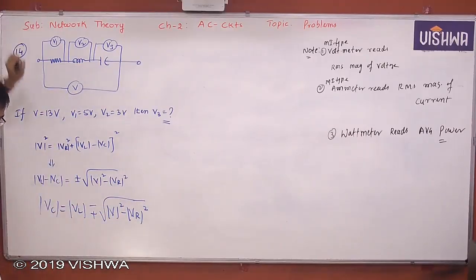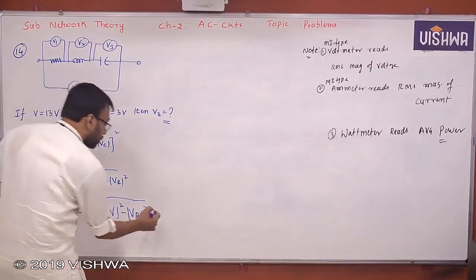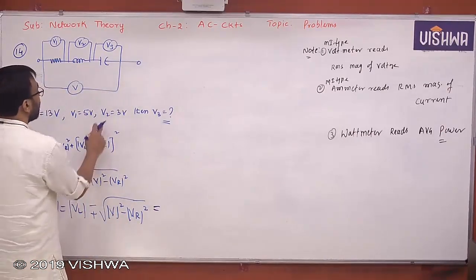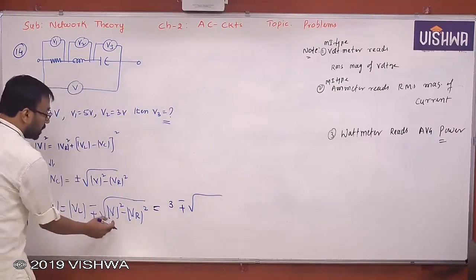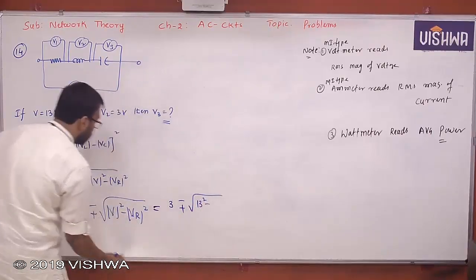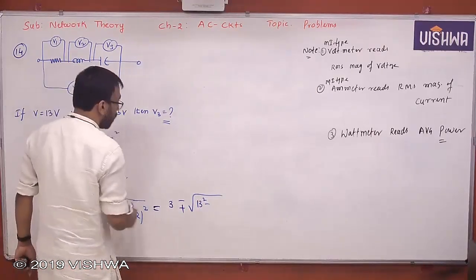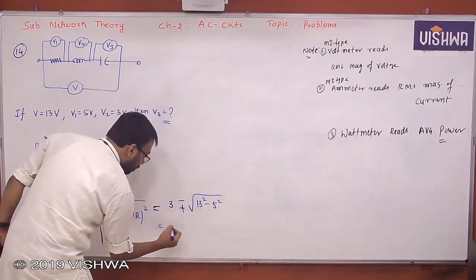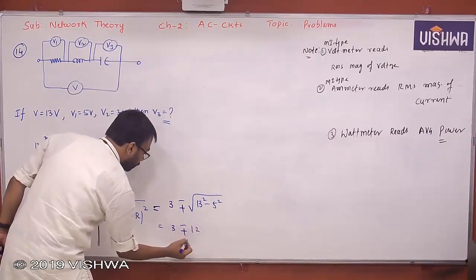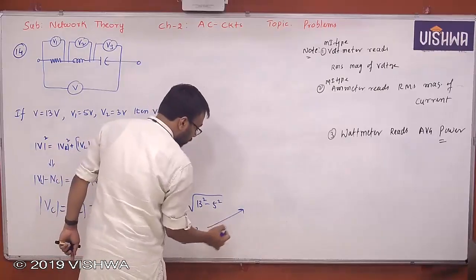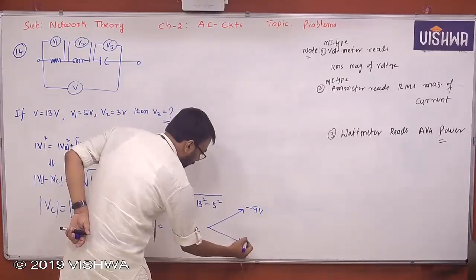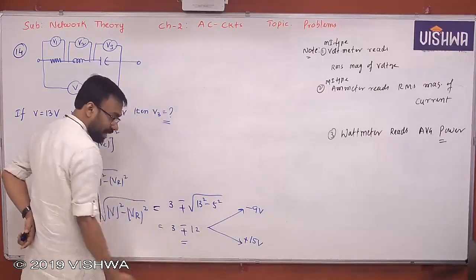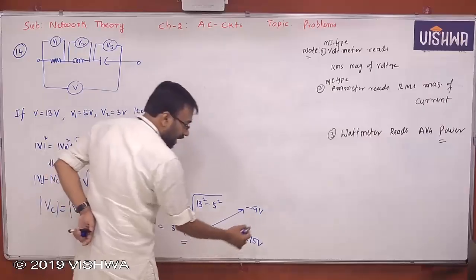Getting all of you? Now what is VL here? 3. So 3 plus or minus the square root of 13 square minus 5 square, where VR is 5. So you get 3 plus or minus 12. It has two values: minus 9 volts and plus 15 volts. 3 minus 12 is minus 9, 3 plus 12 is 15. But minus 9 is not possible.